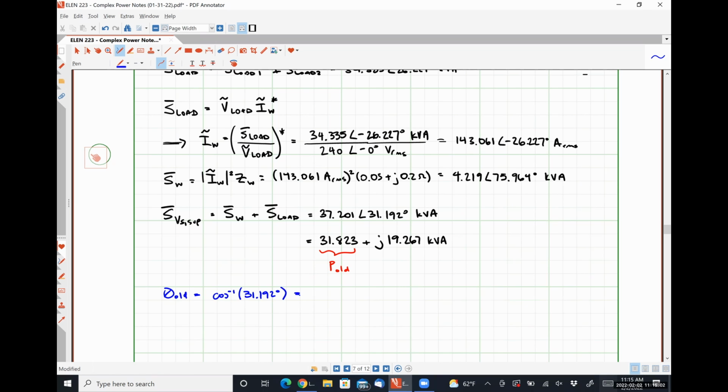Which doesn't look like I have written down anywhere. No, not the inverse cosine, just the regular cosine, sorry. Yeah, so I already have theta old. That's probably why I didn't have it written down. I already had it. Okay, sorry for having a brain fart there.